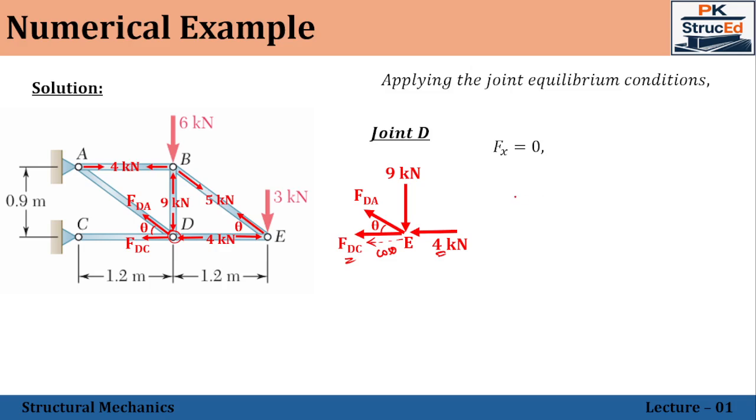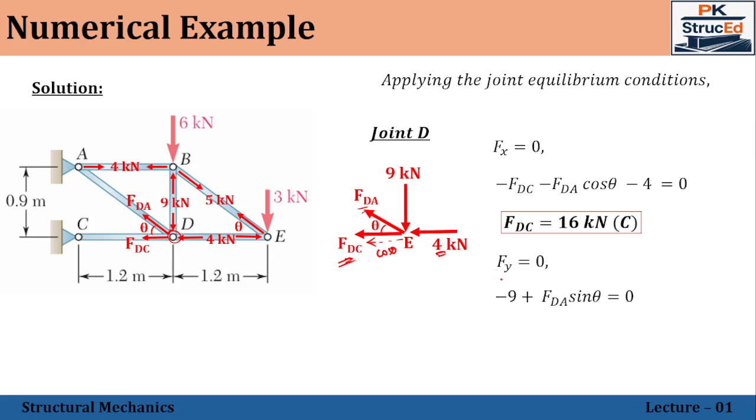So in that case, it will be minus FDA cos theta minus FDC minus 4 is equal to 0. And since both are unknown, we can't solve for this one. FDA, I'm sorry, this has not been calculated as of now. We need to go with the vertical force equilibrium first.